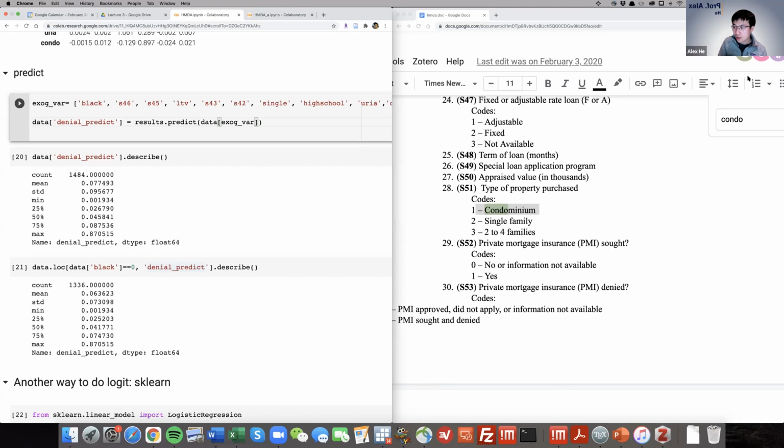How do we decide the threshold here, or is it just by our own objective? Well, it depends on what you want the logit model to do here.